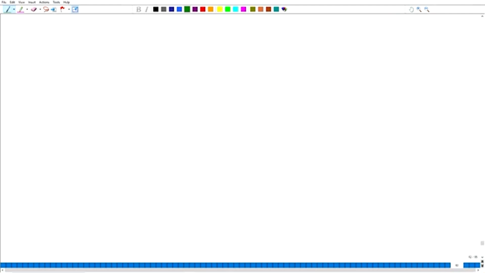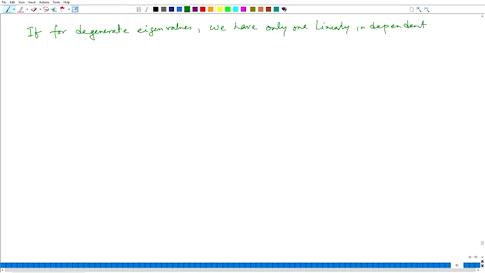What happens if for degenerate eigenvalues we have only one linearly independent eigenvector?